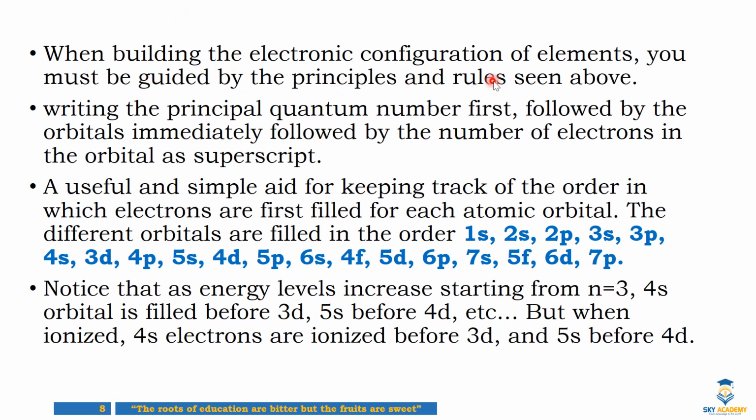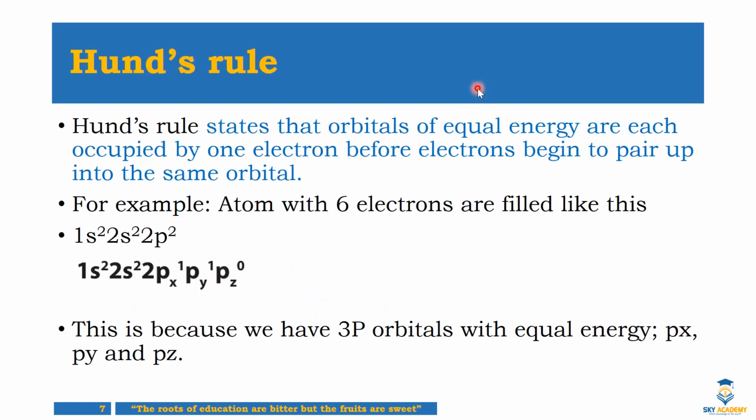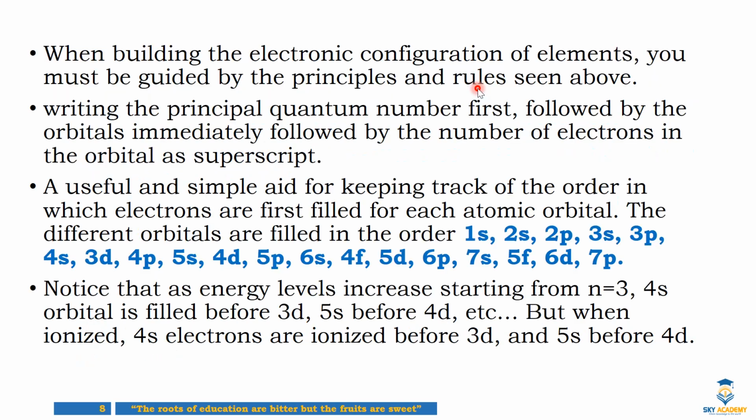When building the electron configuration of elements, you must be guided by the principles and rules seen above. You need to respect these rules in assigning electrons to their respective orbitals.